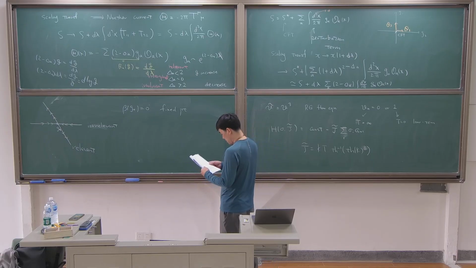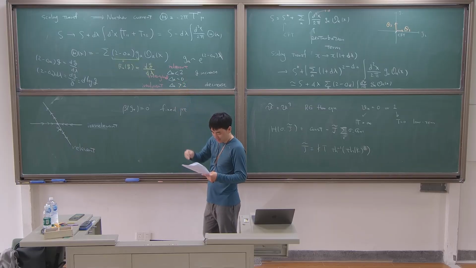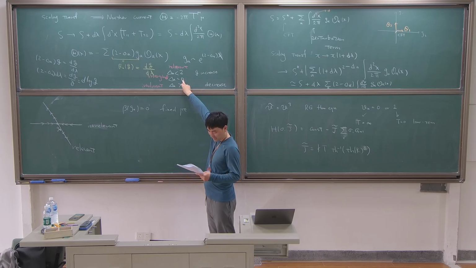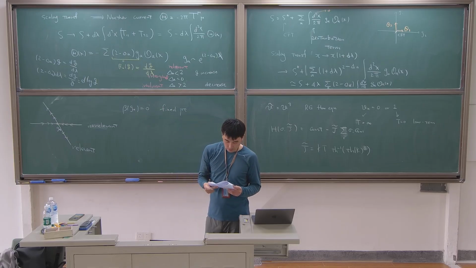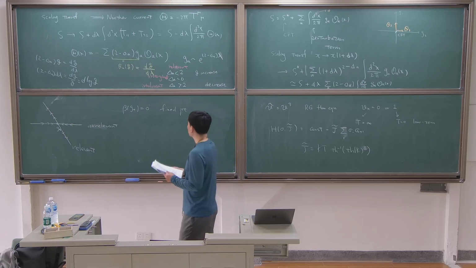In fact, the middle one is the most subtle one. Classically, at the linear order, the beta function is 0, but quantum mechanically, you never know what is going to happen.